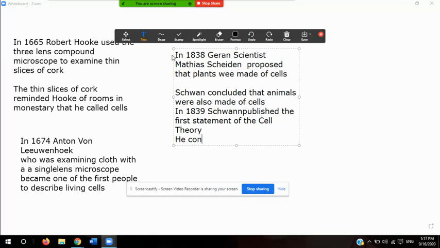So in 1838, Schleiden discovered that plants were made of cells. At the same time, Schwann was studying animals, and he concluded that animals are also made of cells. And in 1839, he published the first statement of the cell theory.